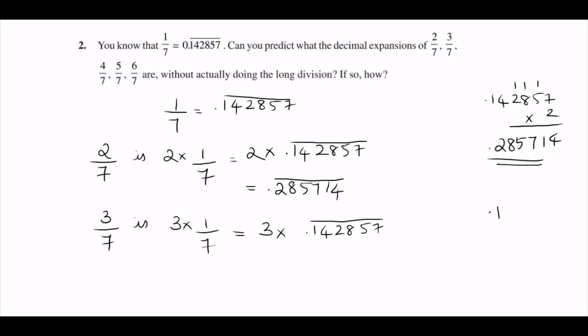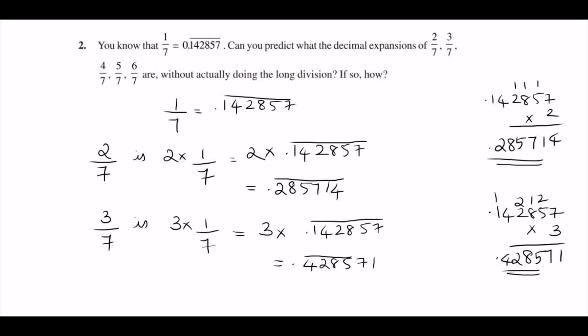That is 0.142857 into 3. 21, 17, 25, 8, 12 and 4. That is 0.428571 bar. So in a similar way, you can try 4 by 7, 5 by 7 and 6 by 7.